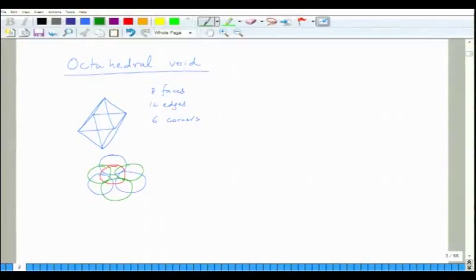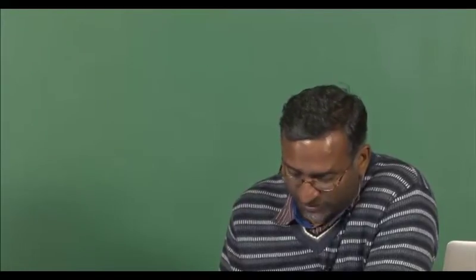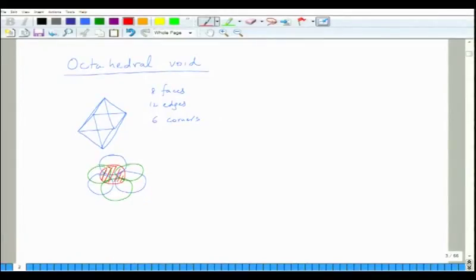So, this guy which is sitting at the center is surrounded by 3 at the bottom and 3 on top. It has 6 coordination. So, this small atom, this should be small actually, I have drawn it bigger, but this should be small.